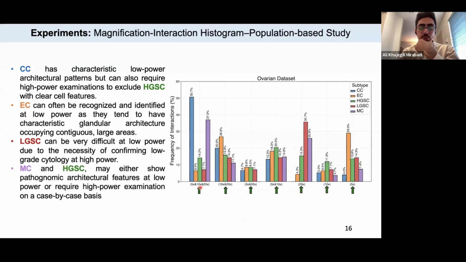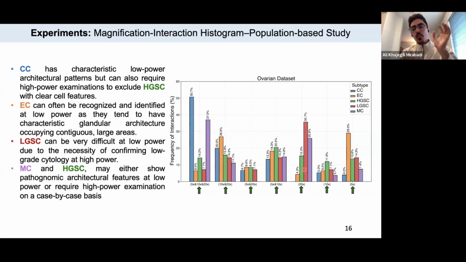And lastly, for mucinous carcinoma and high-grade serous carcinoma, there is nothing that I can mention. For example, for the high-grade one, as you can see in the green bars, it's kind of uniformly scattered. And high-grade serous carcinoma is the biggest group. It's around 70% of ovarian carcinoma cases. And it's so diverse that even for the model, the distribution over different magnifications is basically uniform. And what the pathologist is saying is that, yes, depending on the case, it needs to be diagnosed in different magnifications.